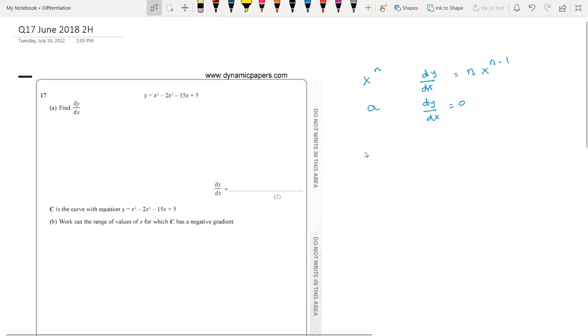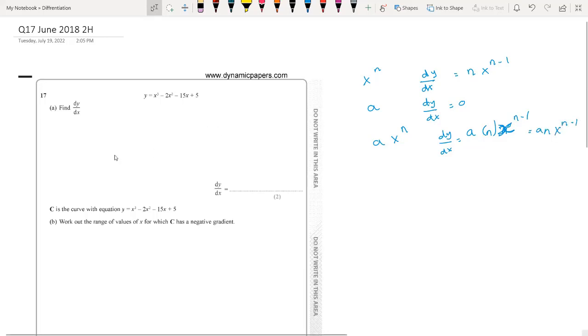If I have a constant multiplied by x to the power n, then the constant remains the same, a, then n, and write x to the power n minus 1. So you keep the constant outside, a, and differentiate x to the power n. It becomes a multiplied by n, x to the power n minus 1.